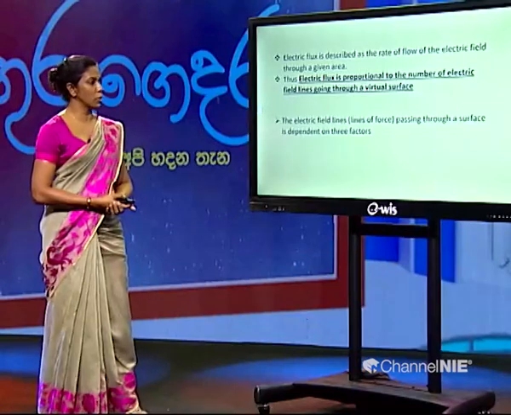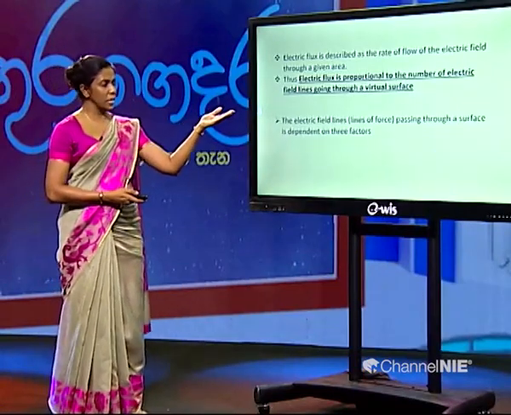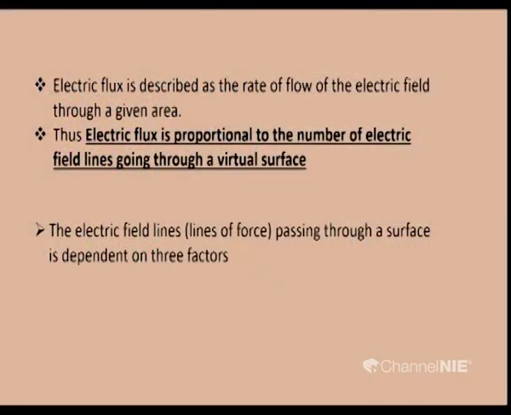We consider all that together in the flux model. Flux is directly proportional to the field lines, and when we consider field lines passing through a certain surface, there will be three factors affecting it.